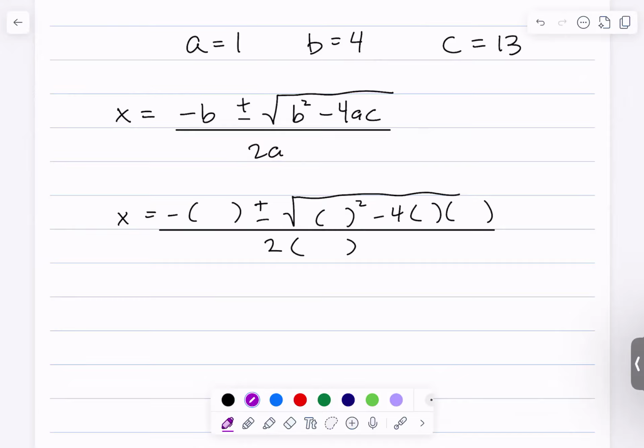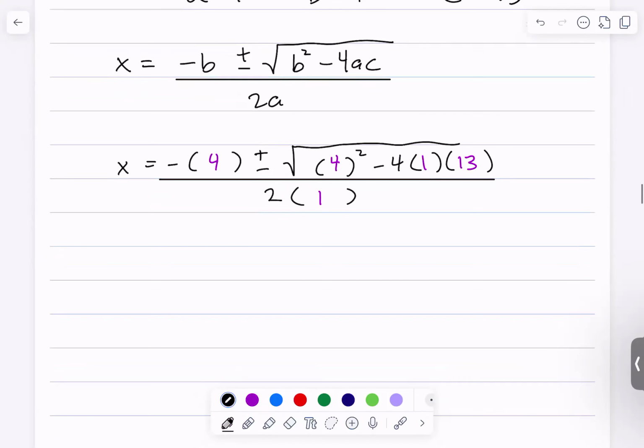Okay, don't try to simplify while plugging in, just plug in the numbers, right? Literally be a robot and plug in the numbers, and then use your brain to simplify. X equals -4 plus or minus square root. 4 squared is 16 minus, oh, not minus.